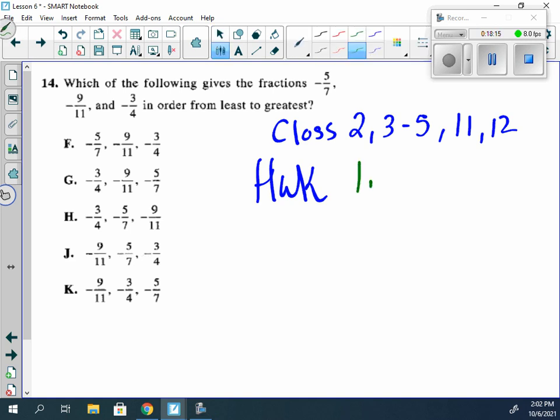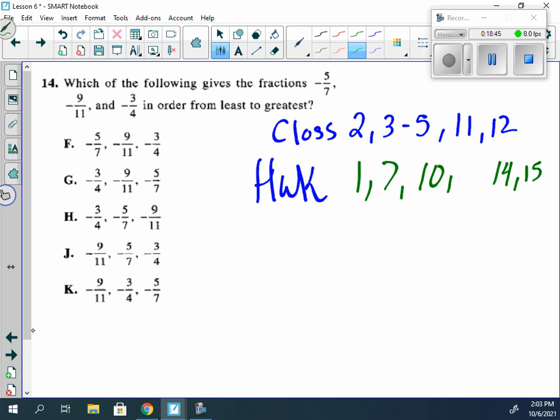Homework: 1, none of that, 7, 10, 14, 15.